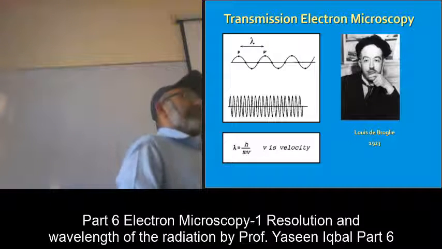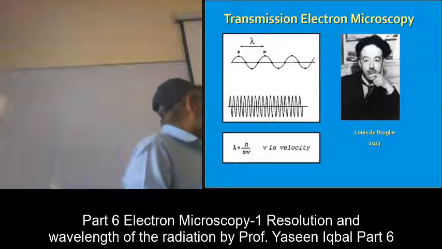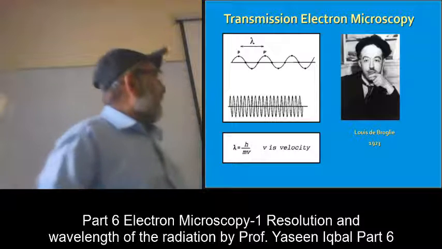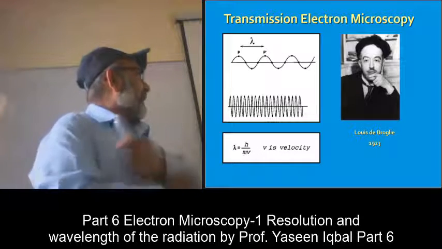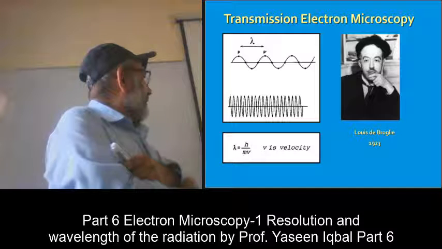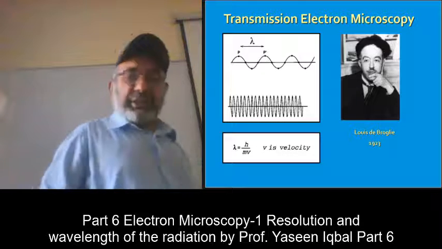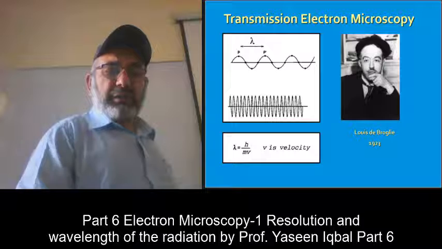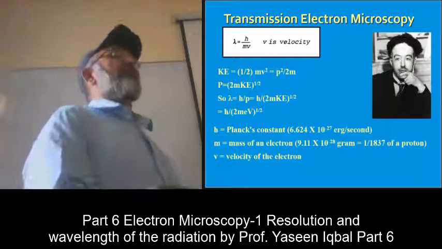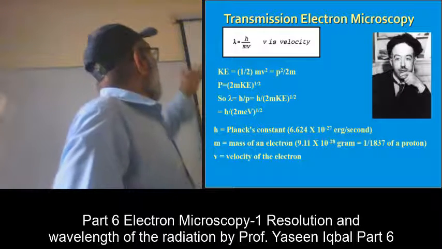And the formula is lambda is equal to h over mv, where v is the velocity, and this is de Broglie's 1923 equation, which started the concept of wave-particle duality.